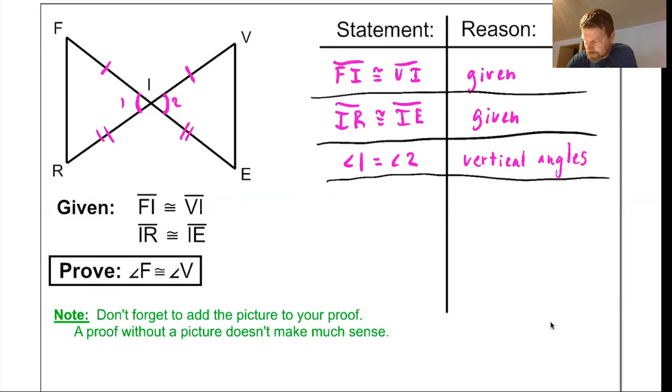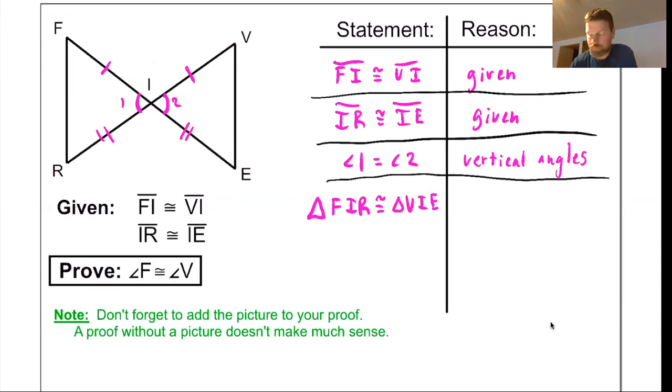So I can say that the triangles are congruent by side angle side, making sure of course that I list the triangles in the right order. So I'm going to call the triangle on the left triangle FIR. And if I say this one's FIR, the one on the right I'm going to have to call VIE. So triangle FIR is congruent to triangle VIE.